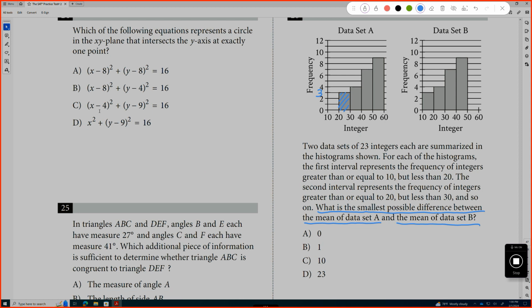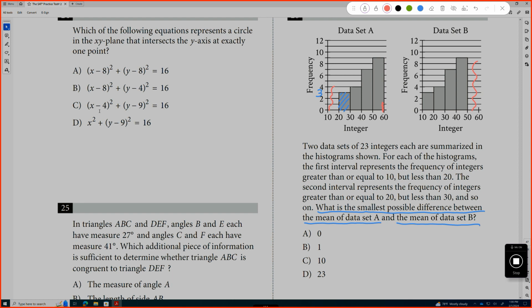So we want to subtract the mean of data set A minus the mean of data set B in a way that the difference is the smallest. If you notice here, data set A has data after 50, and we have data up to 59 right there, whereas data set B doesn't have anything from 50 to 59.